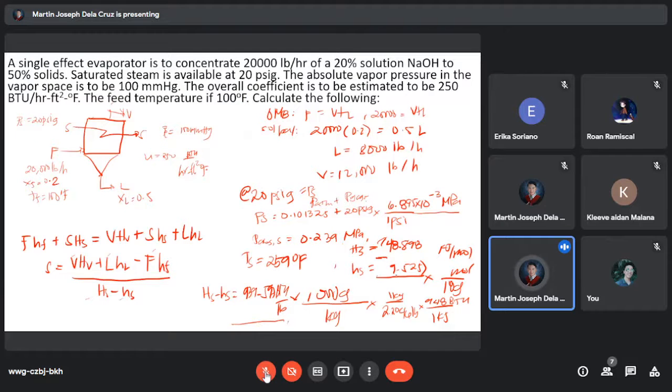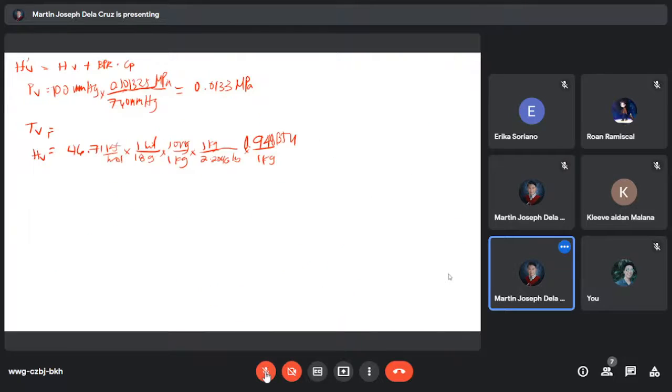So it should be 0.948 lang class. So for your HV now is equal to 1116.85 BTU per pound.